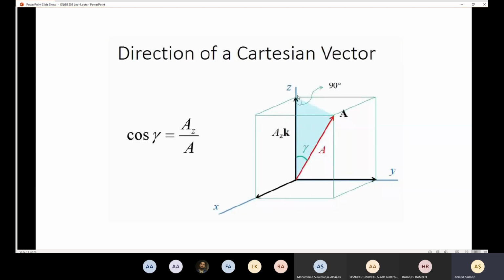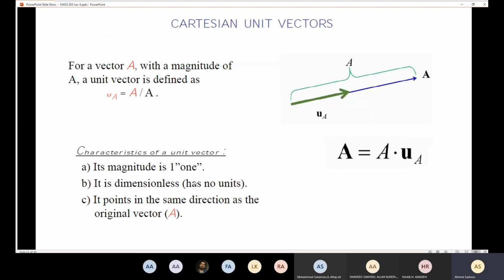So here we have gamma, this one is the right angle, and cosine gamma is going to equal the adjacent over the hypotenuse. This one is the adjacent, and this one is the hypotenuse. I know that we have got a lot of information, but we are going to use all of them together, and it's going to be simplified for you.